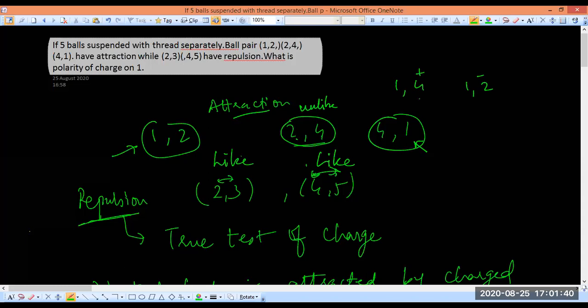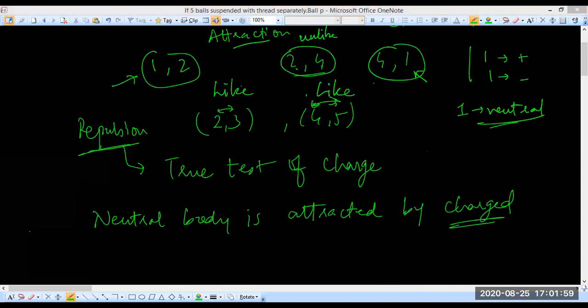But 1 has attraction to both positive and negative. That is only possible if 1 is neutral, because neutral bodies are attracted by charged particles. So that means 1 has to be neutral.